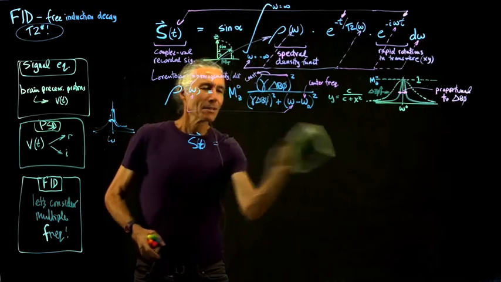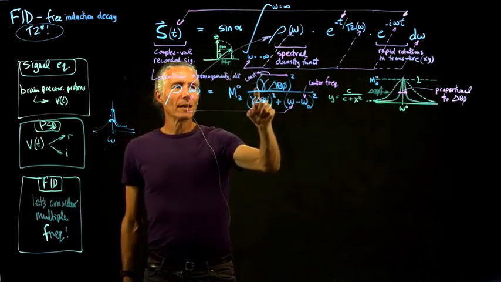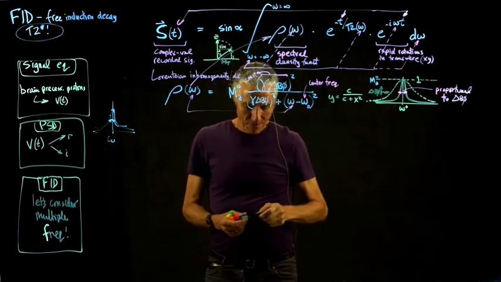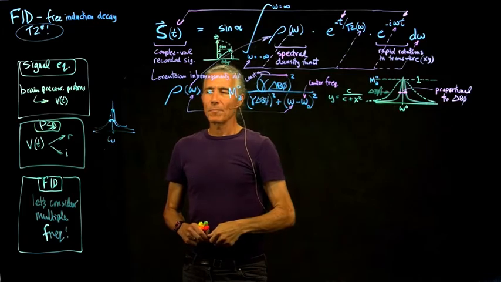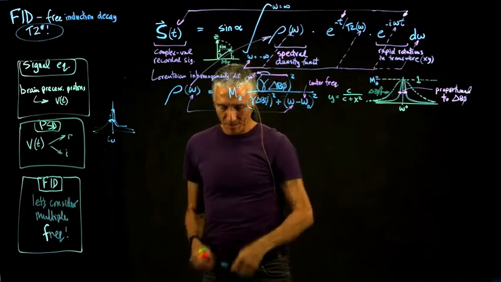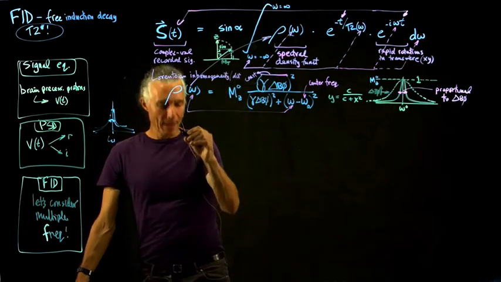So we'll erase that one, but we'll solve it for the more general case where you have this kind of setup, where we've got a distribution of frequencies that looks like this Lorentzian distribution. So in that case, we get a little more complicated thing.